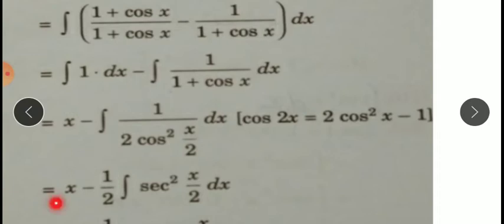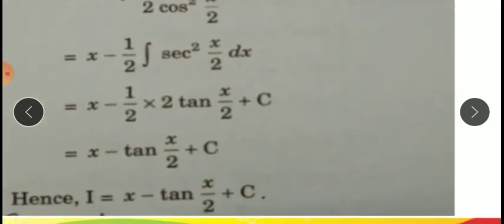Now it is equal to x minus 1 upon 2 integration sec square x by 2. cos square x is in the denominator, so it becomes sec square x by 2 in the numerator. x minus 1 upon 2 into 2 tan x by 2 plus c.